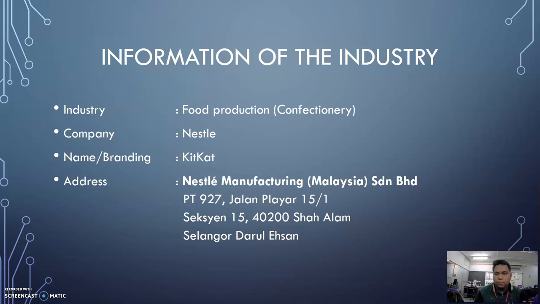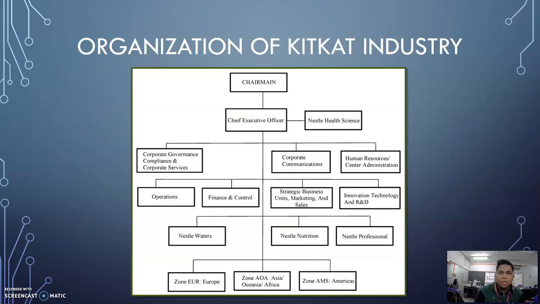The organization of the KitKat industry: at the top, there is a chairman. Then they have a chief executive officer, or CEO, and Nestle Health Science. Then they have corporate governance, compliance, and corporate services. They also have corporate communication, HR, human resources, and administration.